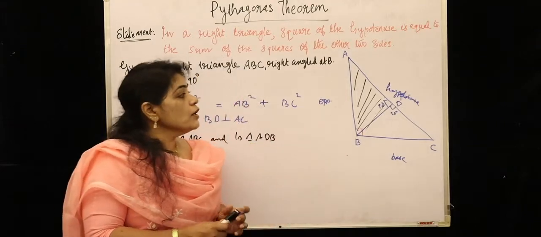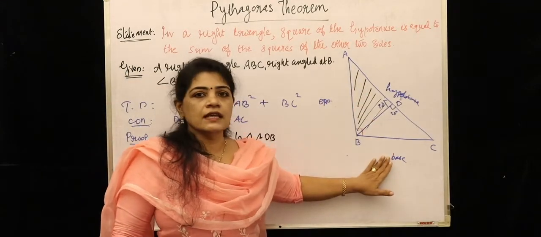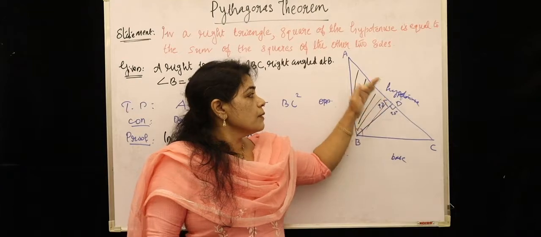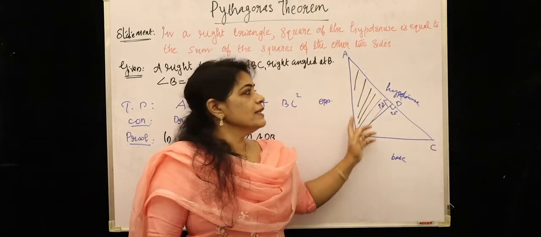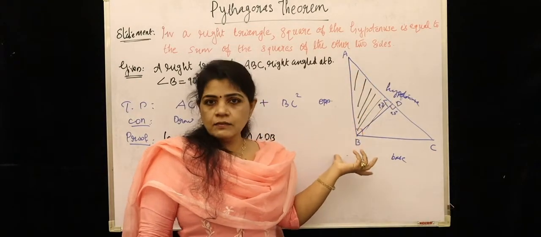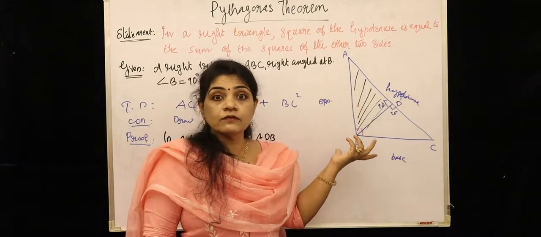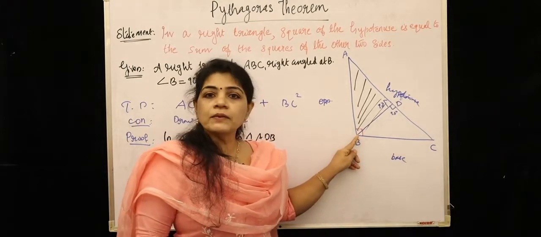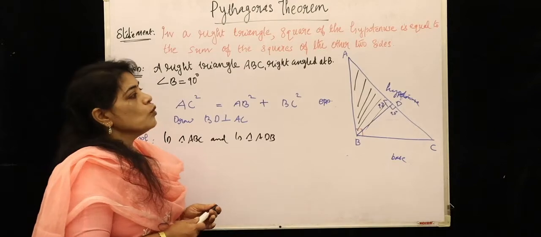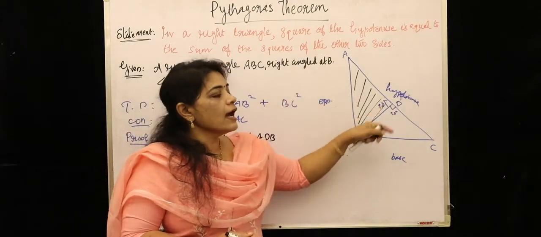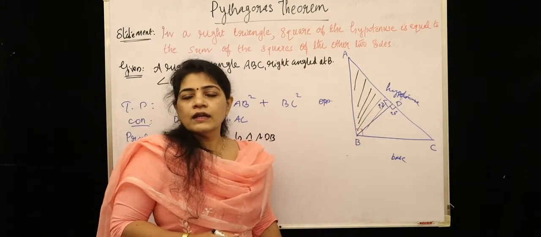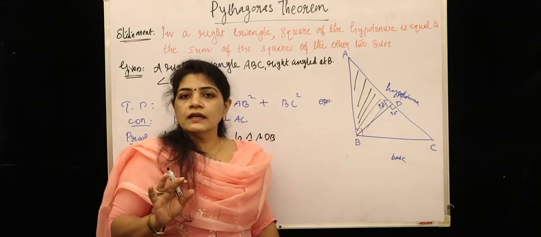Can you prove that this big triangle ABC and the triangle on the upper side of this perpendicular BD, that is ADB, are similar? For that, children, it is very clear: in triangle ABC, angle B equals, in triangle ADB, angle D, that is, both are equal to 90 degree.